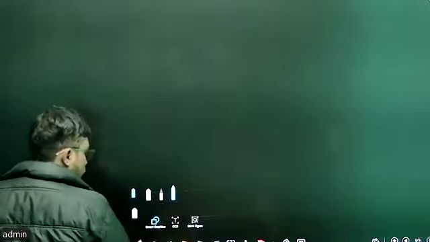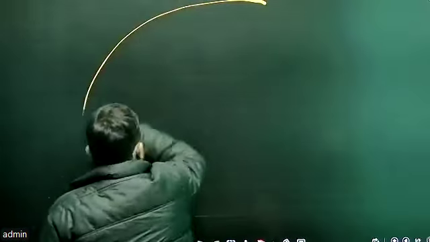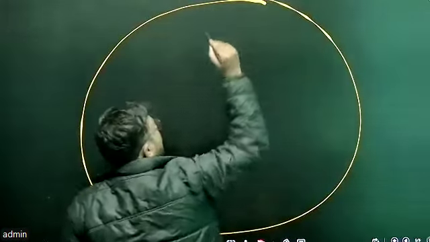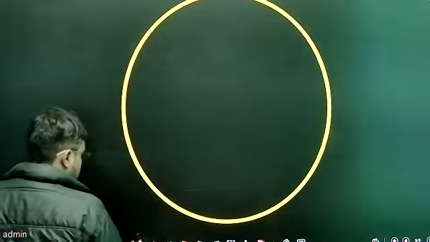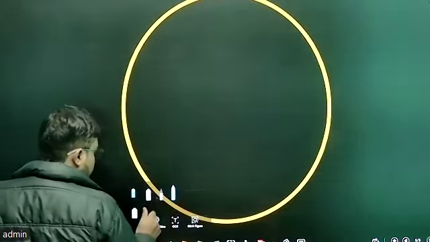Now next, let's draw the structure of a skeletal muscle. Let's see the skeletal muscle in a little detail.